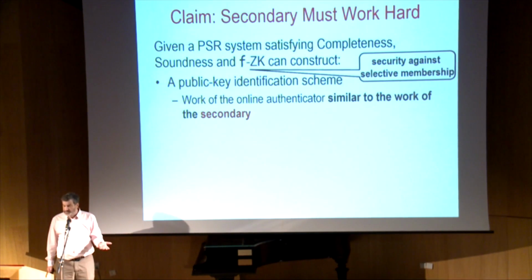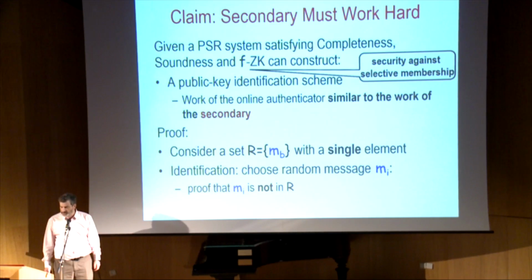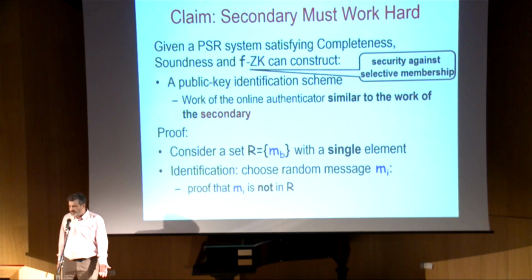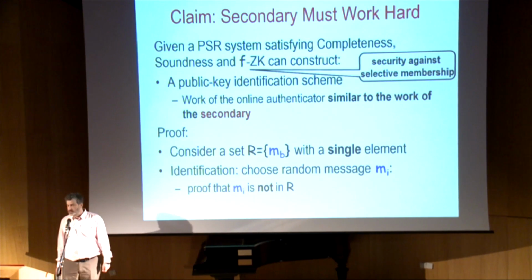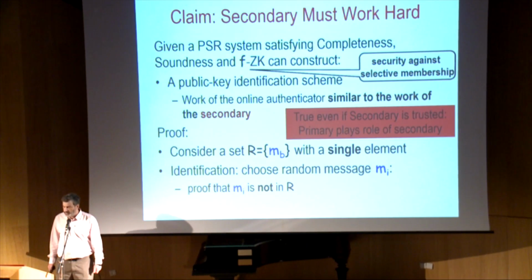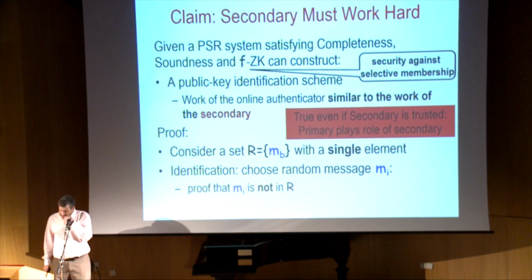What we're using is really the security against selective membership. And it's very simple. The set that you have contains one element, R, and the identification is: choose a random message M, and prove that M is not in the set; the proof that it's you is by proving that you are not in R. That's essentially the proof. And this is true even if the secondary is trusted.